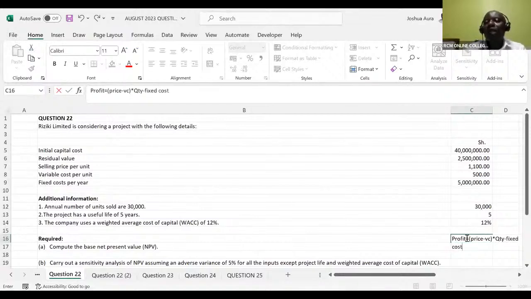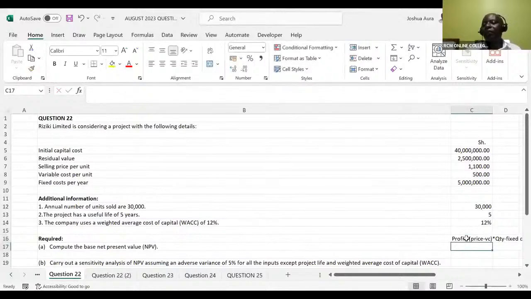If you're writing your notes, this is a very important formula, amongst all the formulas.